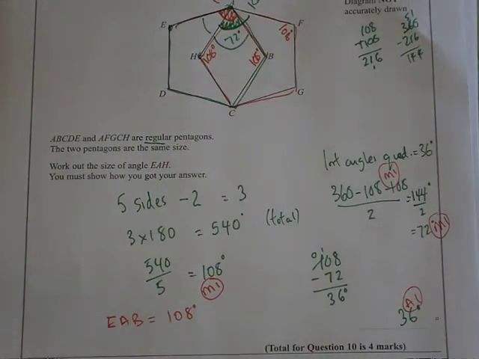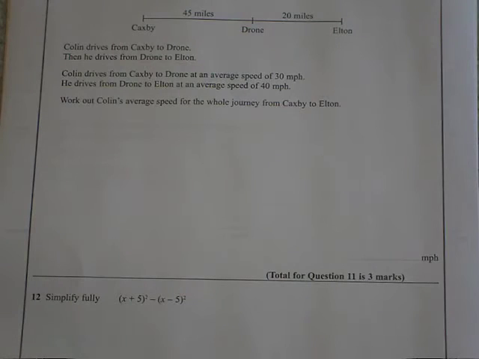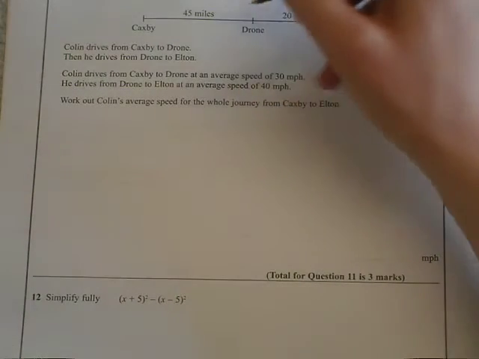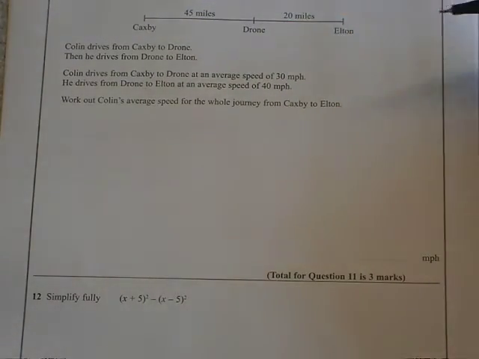So just put the working across there a minute so it's out of camera. Okay, so that's where your marks come from. So on to question 11. The distance from Caxby to Drone is 45 miles and the distance from Drone to Elton is 20 miles. Colin drives from Caxby to Drone, which we know is 45 miles, and then from Drone to Elton.